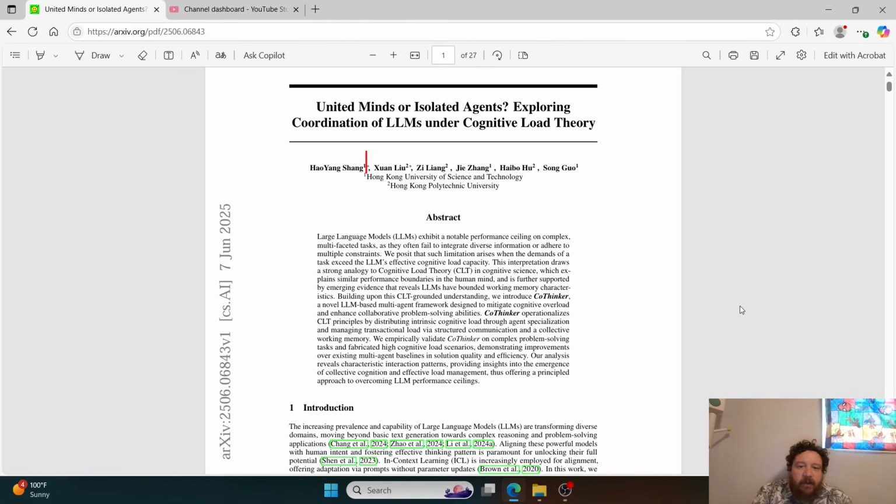And then that leads us through the construction of this, and this leads us to the final question and the most important part of this framework, which is united minds or isolated agents, exploring that with regards to the coordination of these models. So again, going back, AI was originally thought of and invented as a human form of intelligence, and then it went further and further and deviated further away from there.